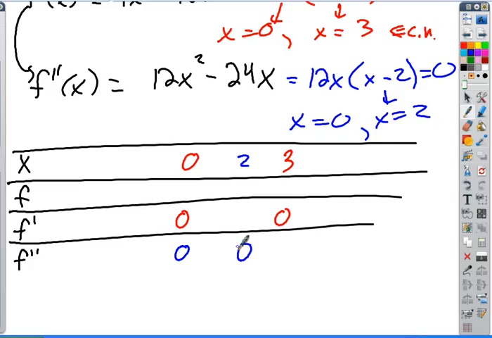Okay. So now what? If we want to figure out what's going on here, if we want to find the extrema, what's one way? What's the way we talked about last week for determining what is going on with that critical number right there? We could test points where? Second derivative.